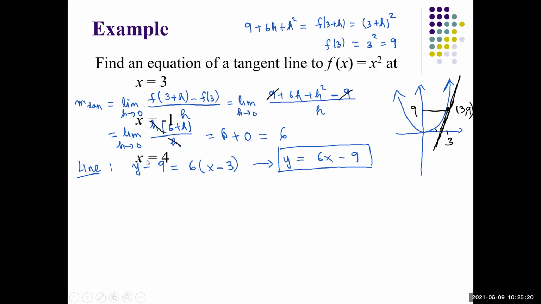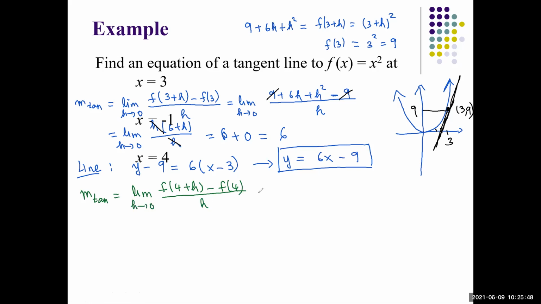So in this case, your slope at x equal 4, so the a is 4. So you can repeat the process here. The slope of the tangent line is the limit, and instead of 3, you have f of 4 plus h minus f of 4 over h, where h approaches 0.